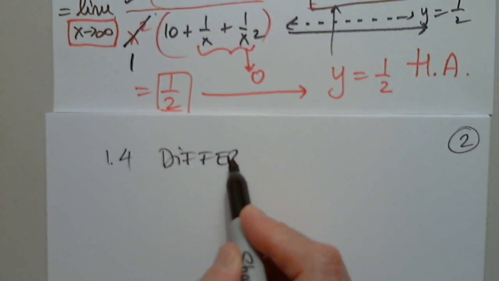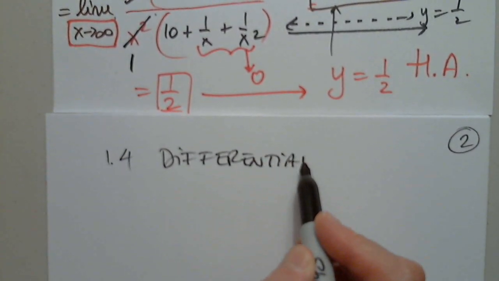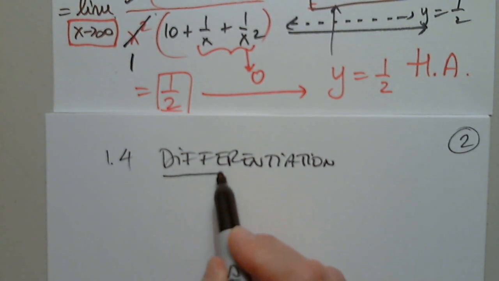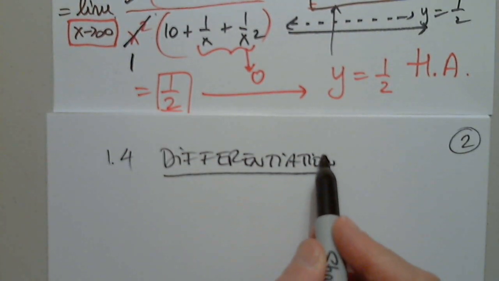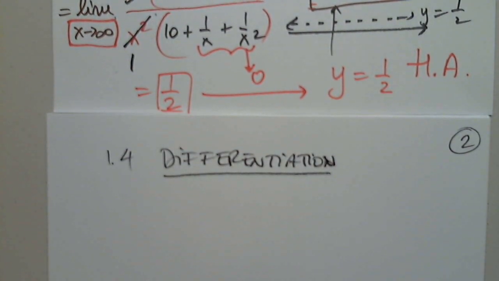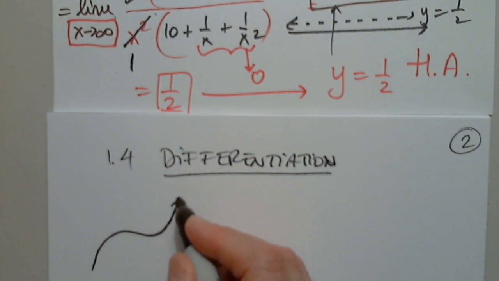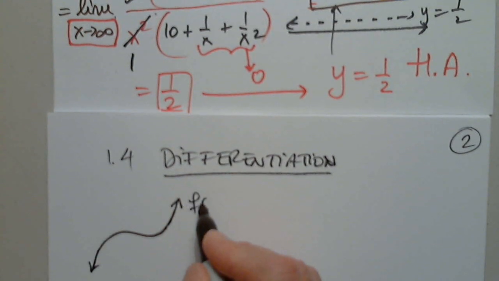Okay, so 1.4. Differentiation. These are major concepts. So remember, we looked at graphs. So here's an example of a function f of x.